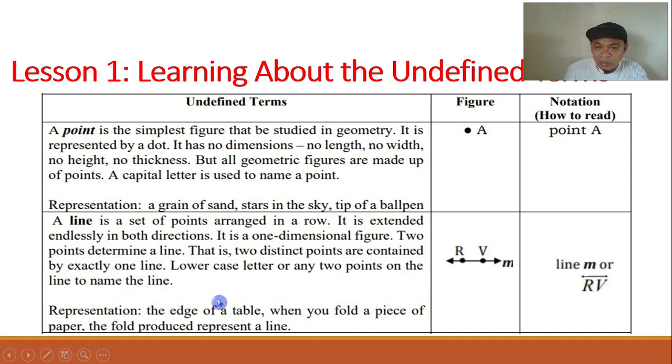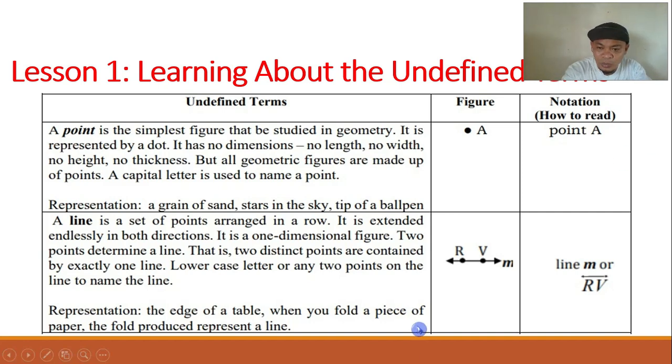So ibig sabihin nito, if we have a line, this one, pwede natin siyang tawaging line m, small letter m. Okay, small or lowercase letter. And pwede din tayong gumamit ng dalawang points. Kasi we know that all figures in geometry are made up of points.